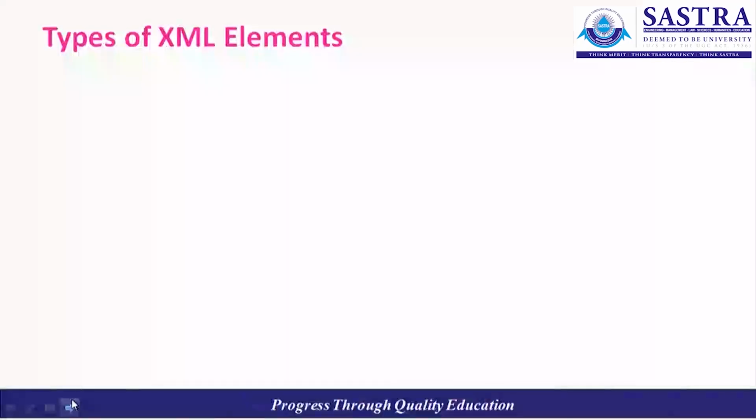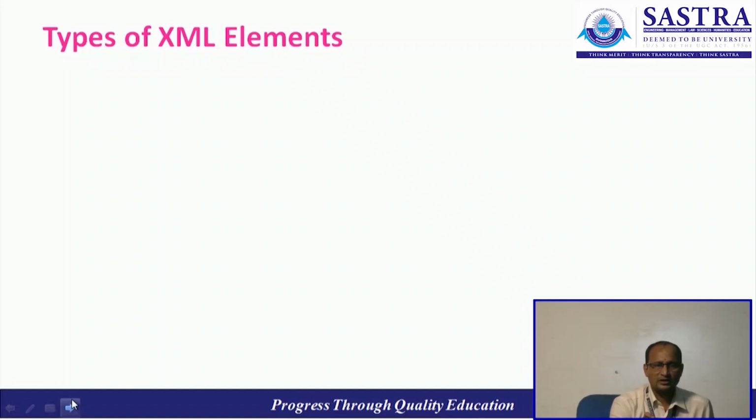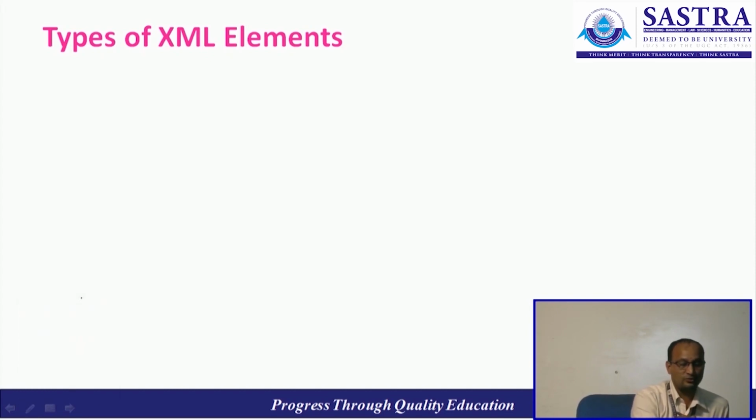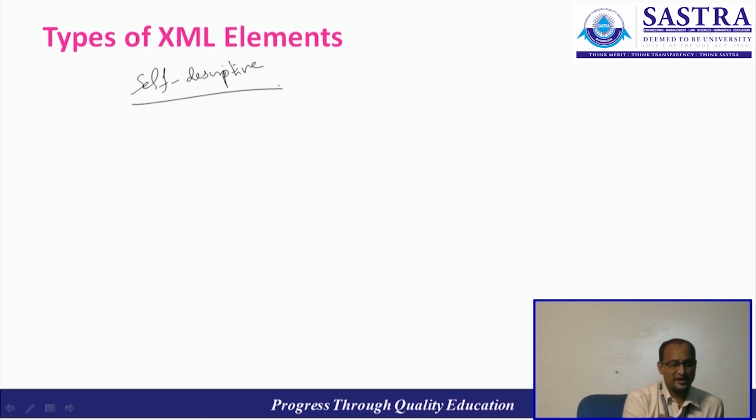XML elements are self-descriptive elements. This is one important point I would like to mention right now. Self-descriptive tags. It means if we create any element, the element will tell about the content, what it is going to have.